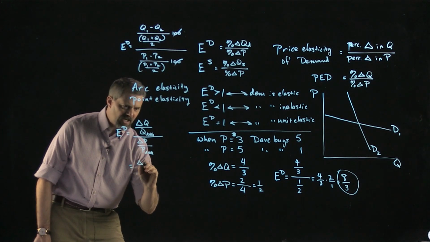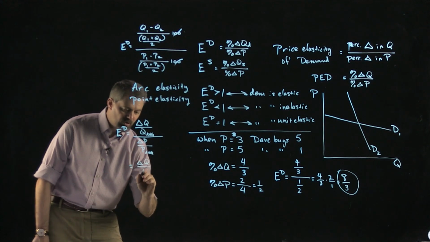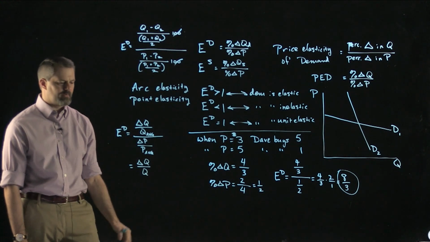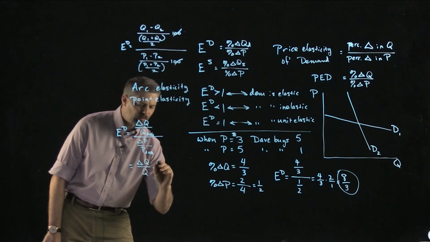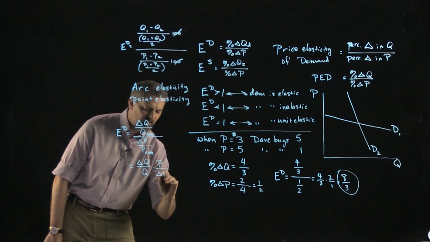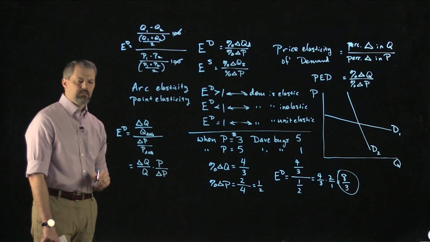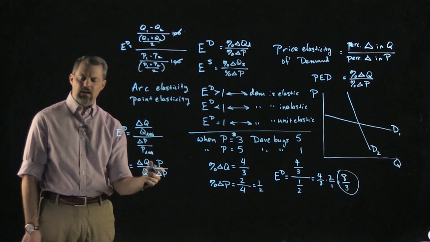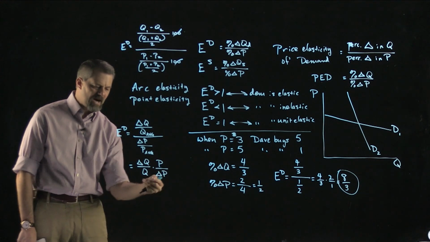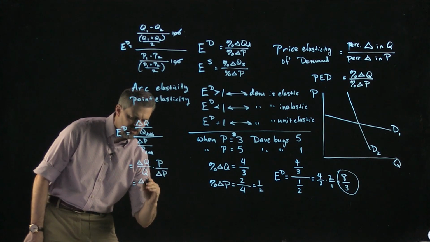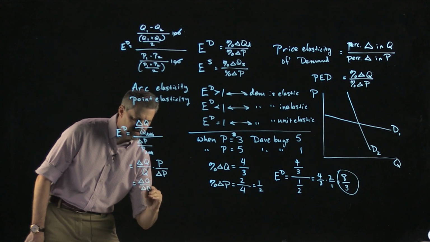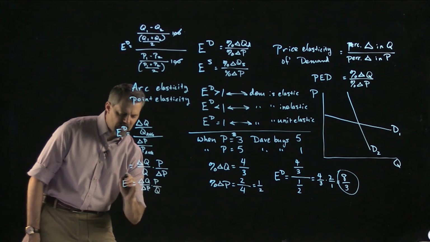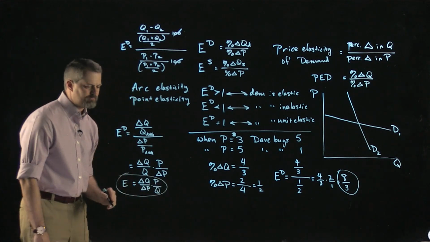So this is the change in quantity over Q. I'm going to drop the average subscript there. Multiplied by price times the change in price. Since I'm multiplying these two things, the order doesn't matter. So I'm going to flip the bottoms. Here's change in quantity over change in price times P over Q. That's another way to write the elasticity formula.